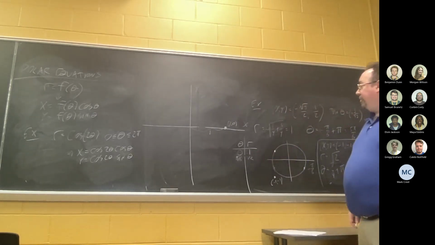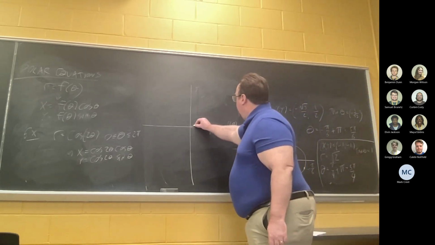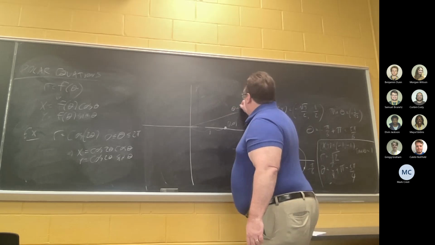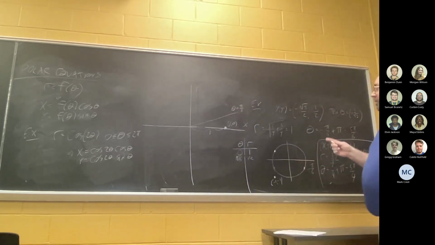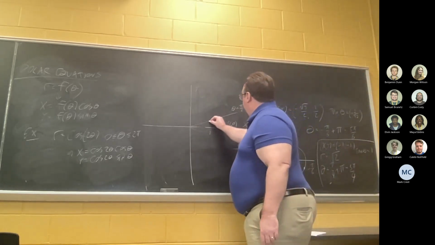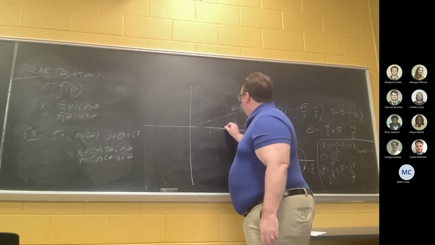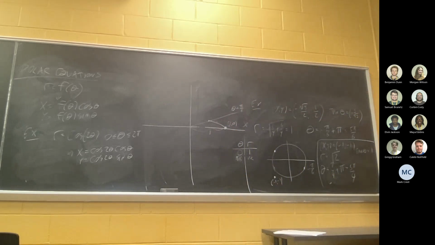So what that means is I need to locate the ray theta equals pi over 6, and then along that ray, I'm going to go a distance of 1/2. That puts me right around here. So that's how my curve starts out.